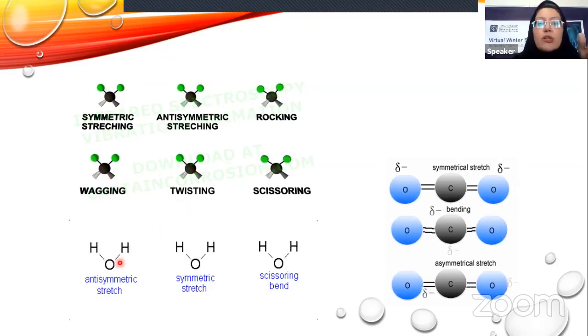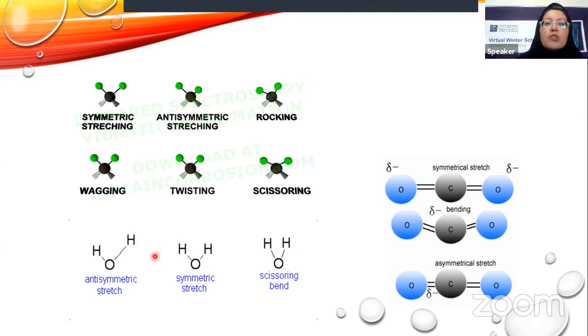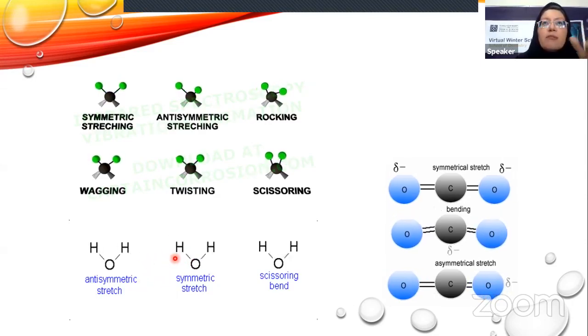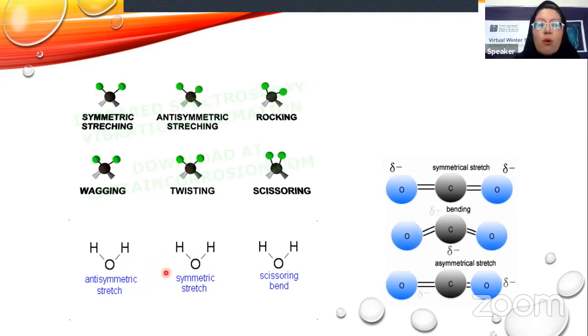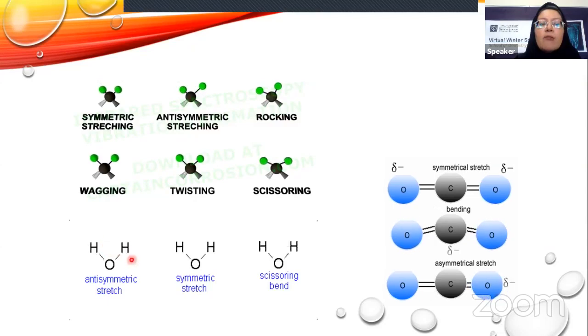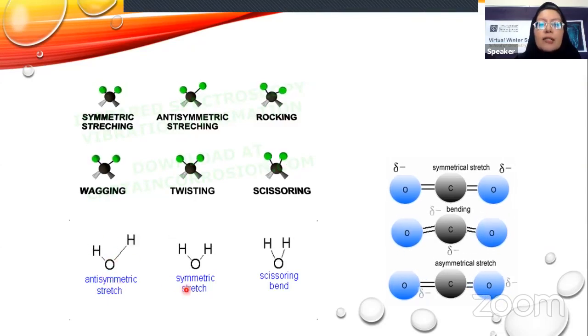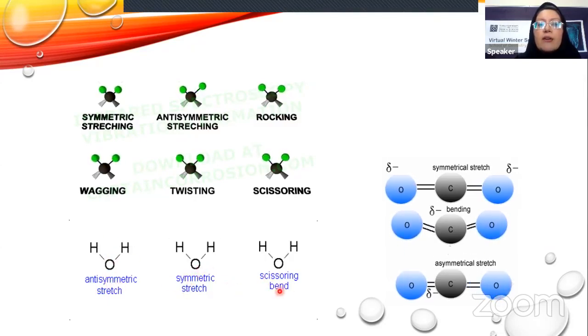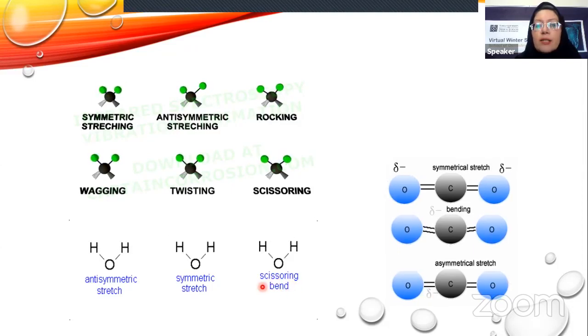You have to consider that for a certain functional group, maybe we have different kinds of vibration modes. For example, here you can see H2O: this is the antisymmetric vibrational mode, here is the symmetric mode, and here is the scissoring mode.